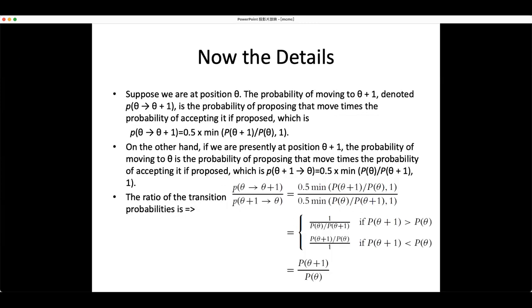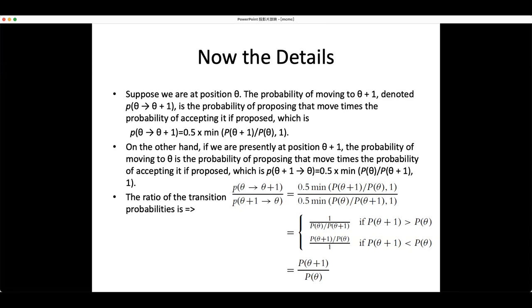So how do we do it? Suppose we are at position theta. The probability of moving to theta plus 1 is denoted by P of theta to theta plus 1. It's the probability of proposing that move times the probability of accepting this move, if proposed.